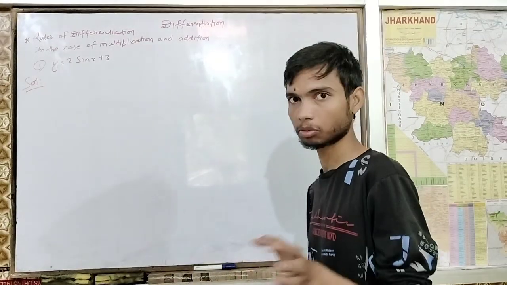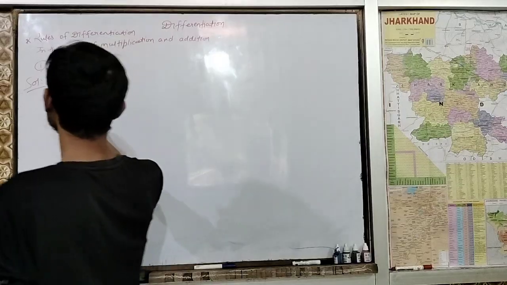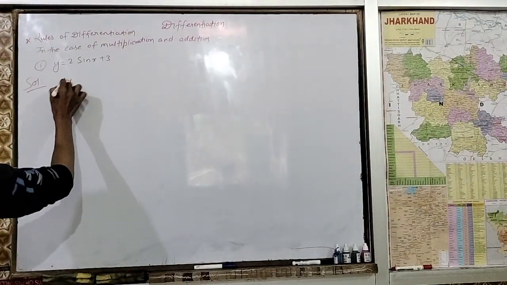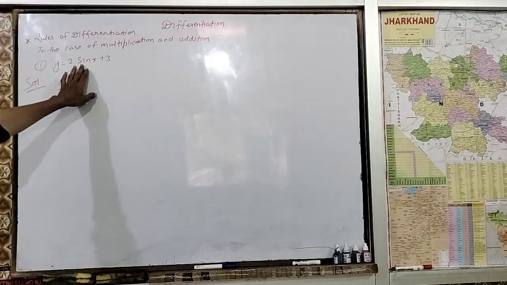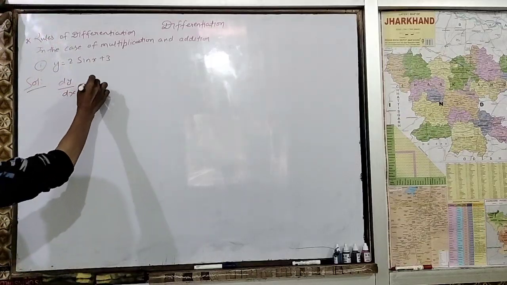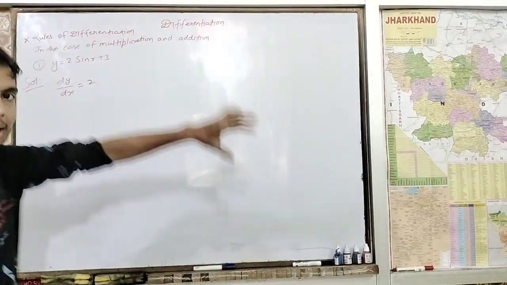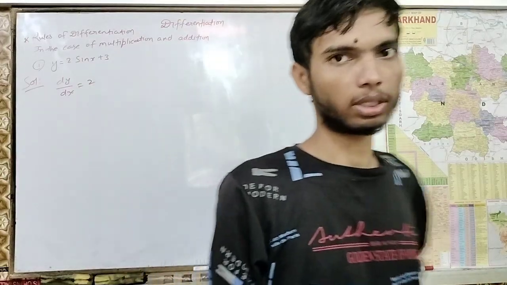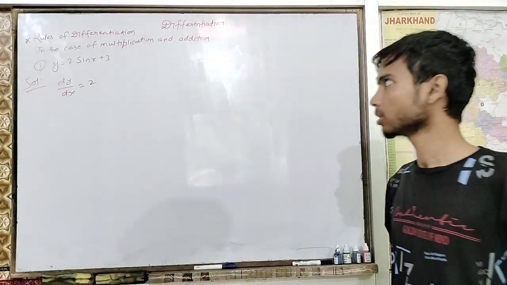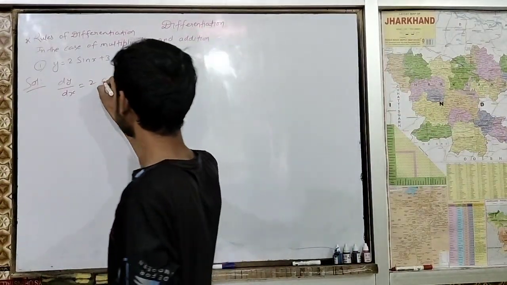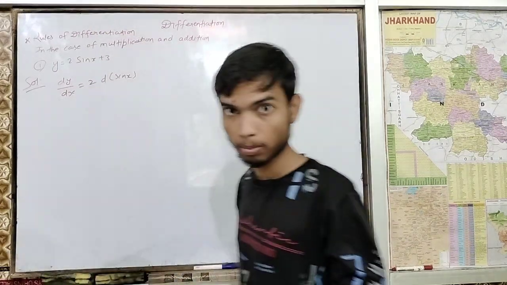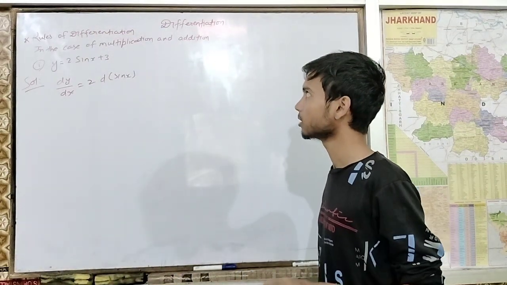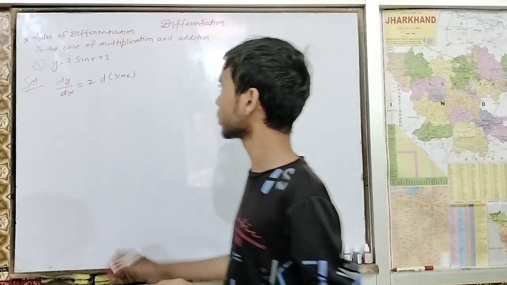I am showing you. This is dy upon dx. First of all, this 2 will stay as it is, because it is in multiplication. Then sin x will be differentiated.